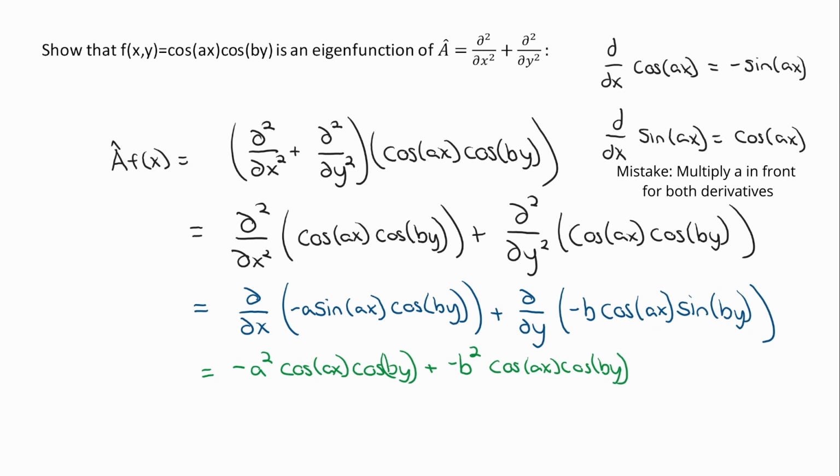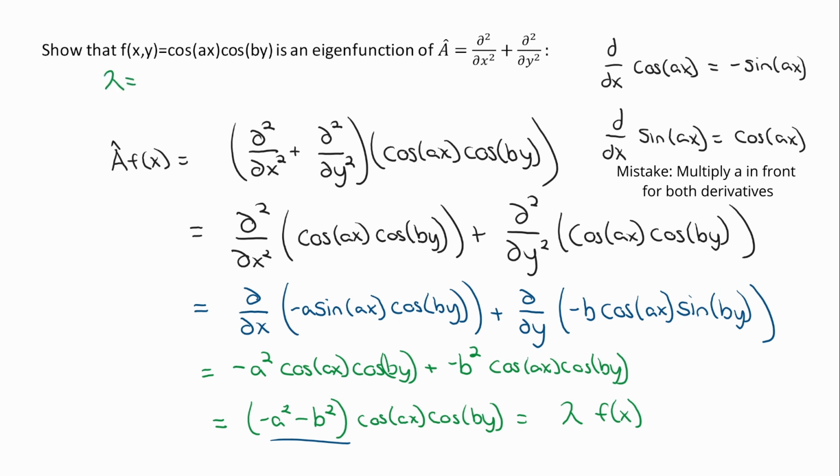And we can see that our cosine ax cosine of by is in both terms, so we can factor that out, where we're going to have negative a squared minus b squared times cosine ax cosine by. And this is the same thing as saying lambda times the original function f of x, where lambda is now equal to negative a squared minus b squared. So let's make that a note up here. Lambda is going to be, you could also say minus a squared plus b squared, same thing. But that is your eigenvalue corresponding to that transformation.